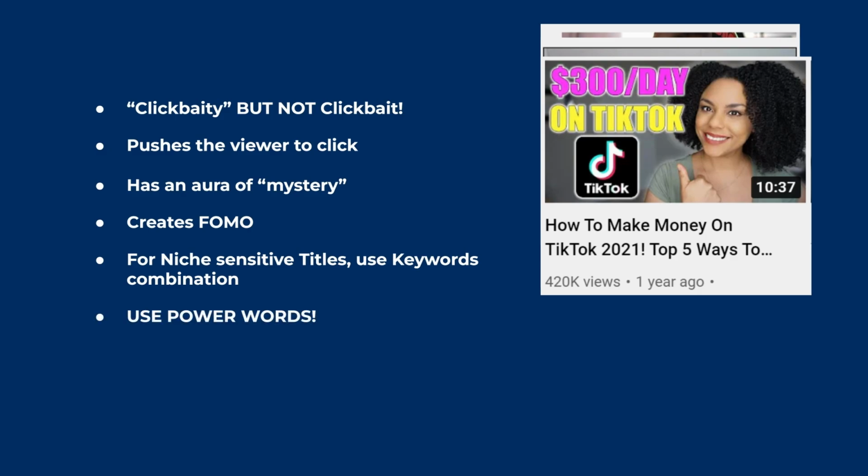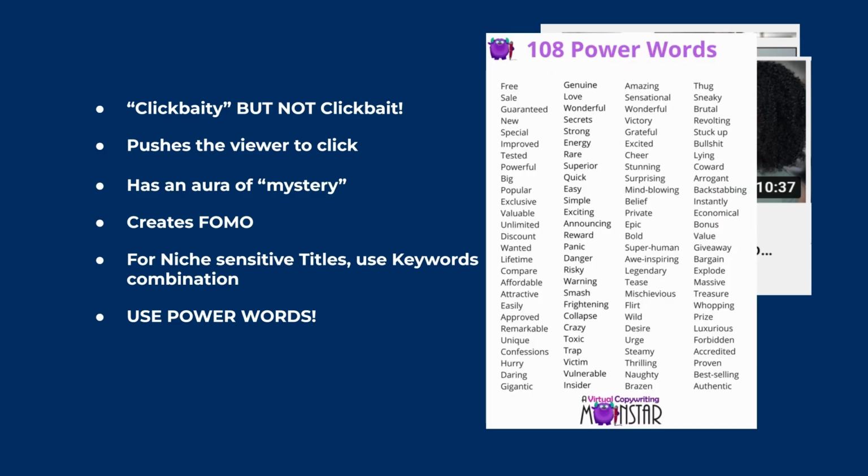One of the things that you should absolutely use are power words. Power words are crucial words, adjectives basically, that you use to emphasize certain sentences, just to give them more oomph. It makes your title stand out more from the crowd.